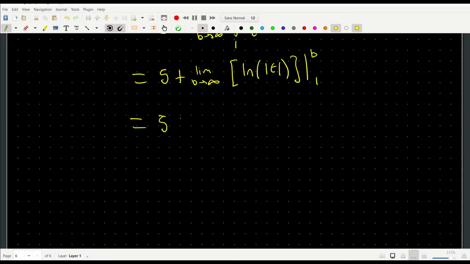So this becomes 5 plus the limit as b goes to infinity of the natural log of b minus the natural log of 1. The natural log of 1 is 0.